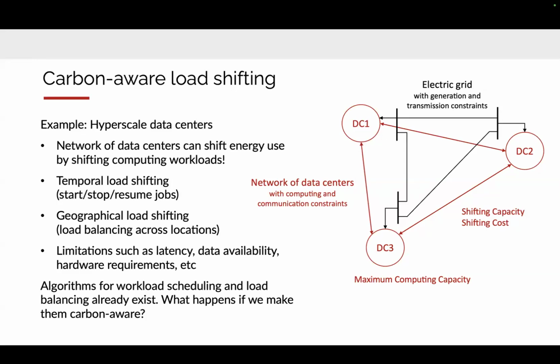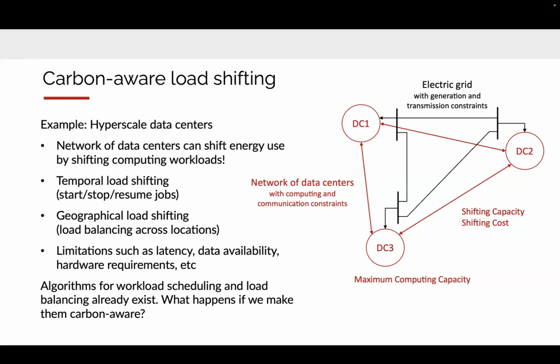By defining different shifting capacities and shifting costs, and knowing the maximum computing capacity, we can model data centers' capabilities for temporal load shifting, meaning starting, stopping, or resuming jobs, and geographical load shifting, where you're load balancing between different regions. When doing this kind of shifting, there are a lot of limitations to take into account, like latency, data availability, and hardware requirements. Essentially, you don't want to compromise performance too much.